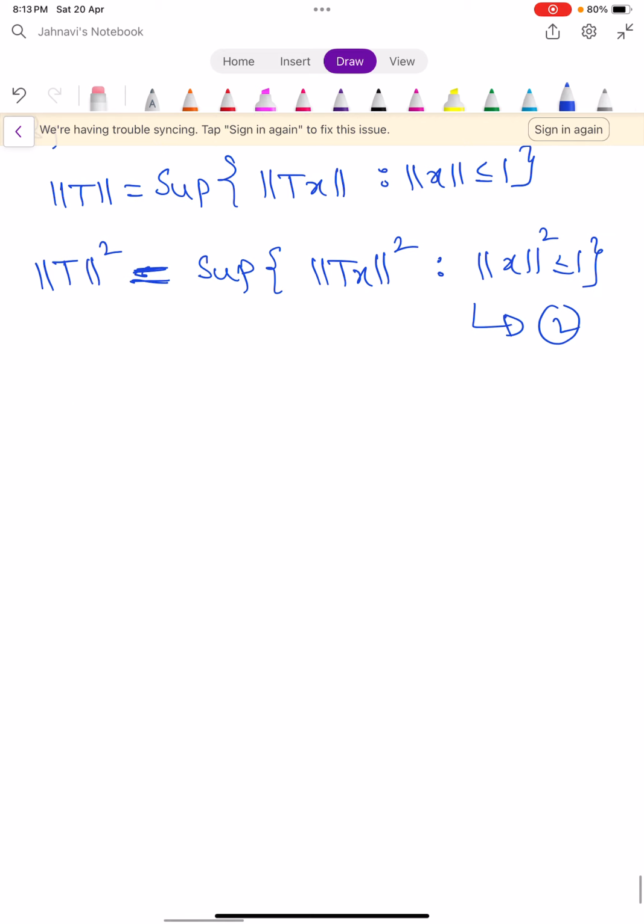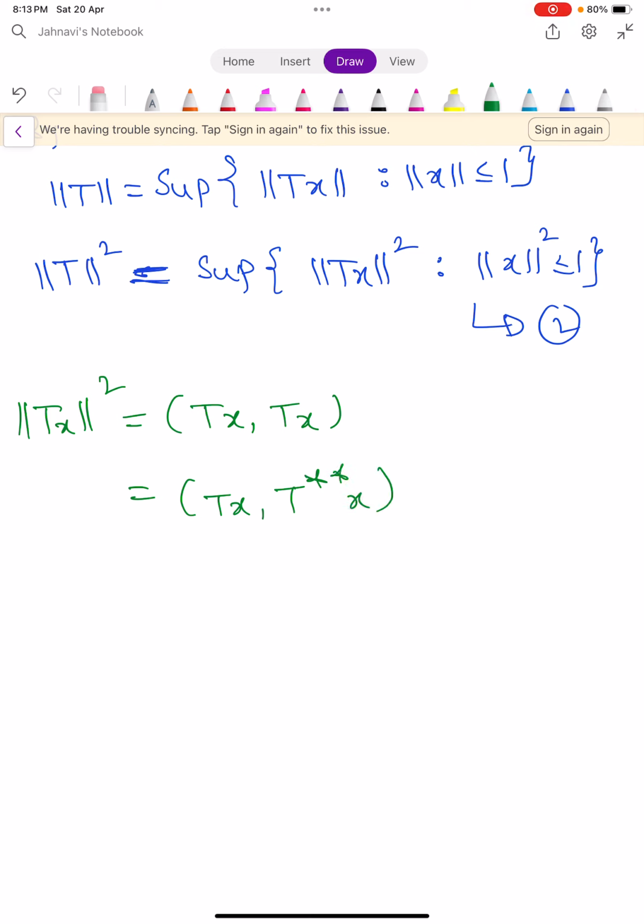Now we conclude that norm Tx whole square is equal to the inner product of Tx comma Tx, which is equal to the inner product of Tx comma T double star x, because T double star is equal to T. It can be written as the inner product of Tx comma T star whole star x.